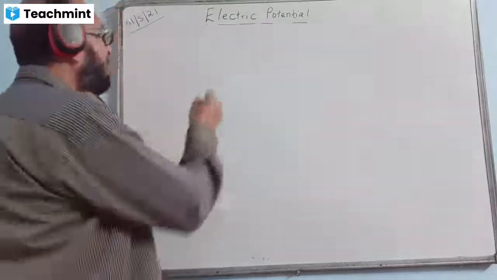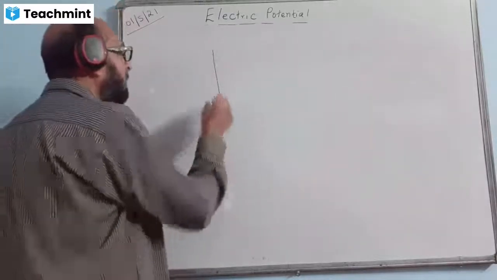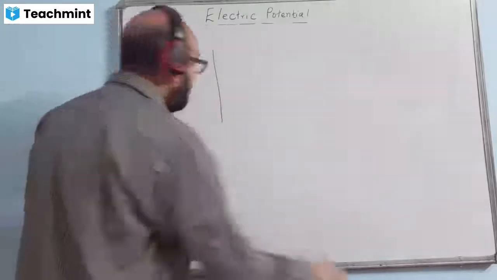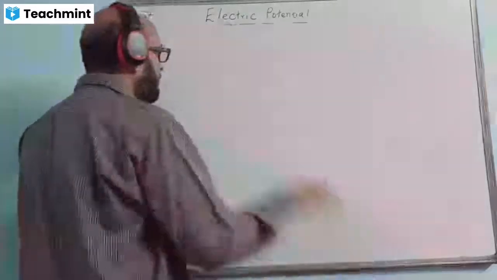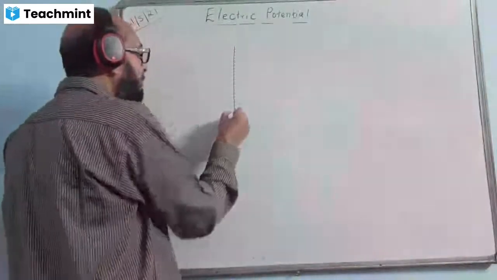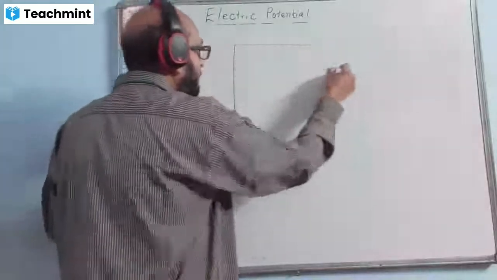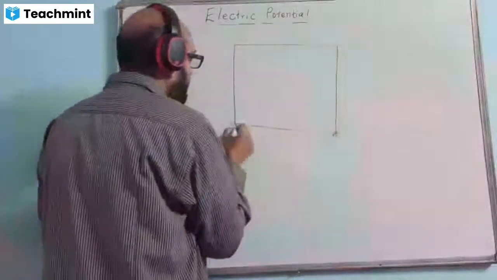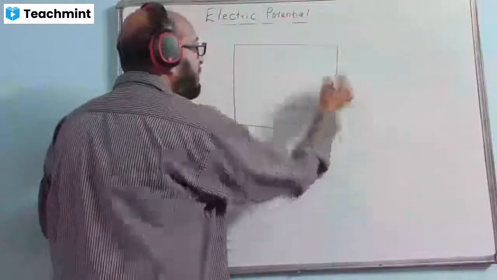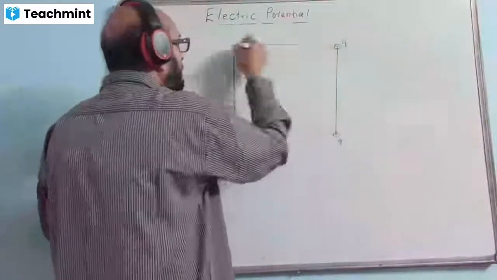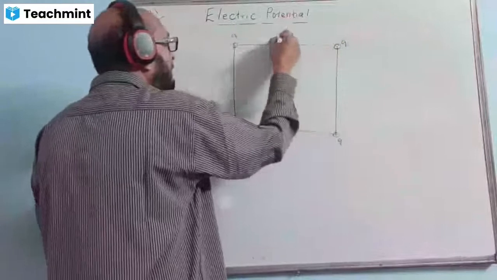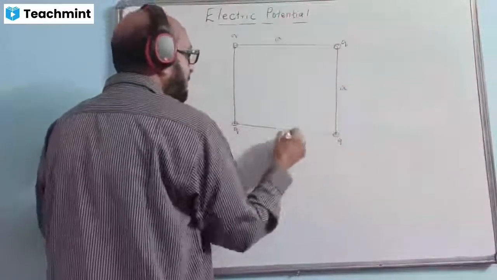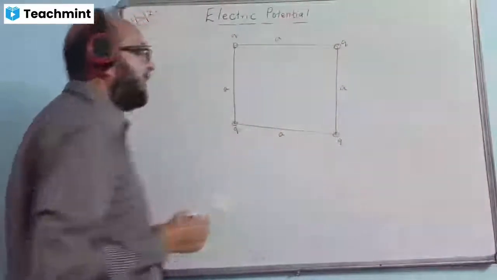Okay, this time we are showing a diagram here. We are showing a square, having equal charges on each corner. Side is A. Every side is given as A.